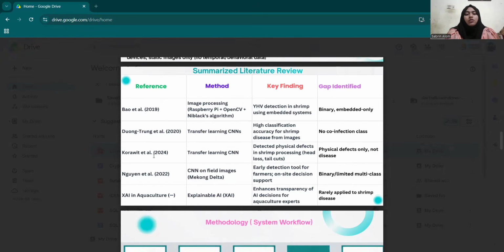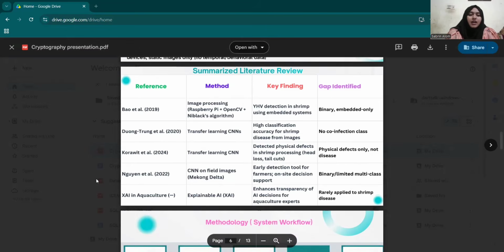Korawit et al. 2024 used transfer learning CNN, and the key finding is detecting physical defects in the shrimp processing, head loss and tail cuts. We identify the gap is physical defects only, not disease.